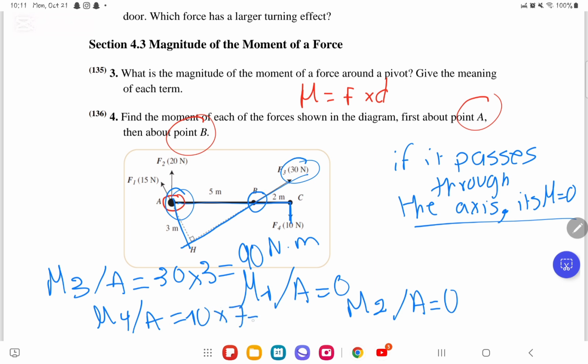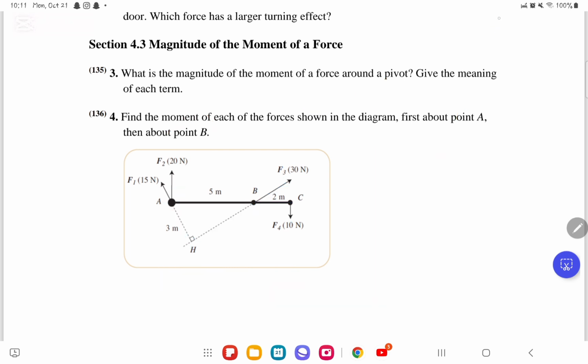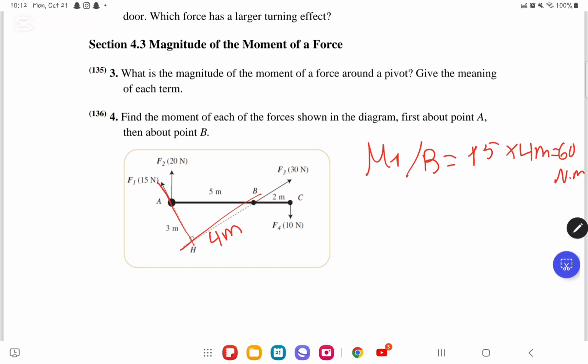So 10 times 7 is 70 newton meters. That was about A. Now about B, we're going to do magnitude 1 about B. It is force 1, which is 15 newtons, times the perpendicular distance between force 1 and B, which if you use the Pythagorean theorem, you will get 4 meters. So 15 times 4 is 60 newton meters.